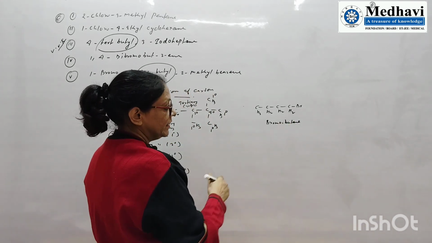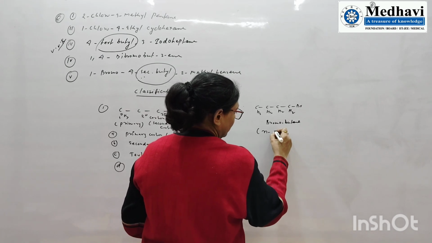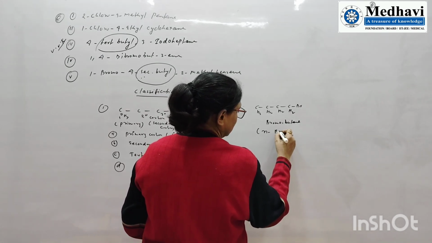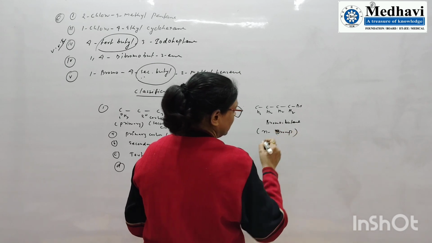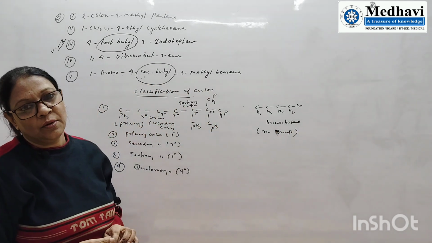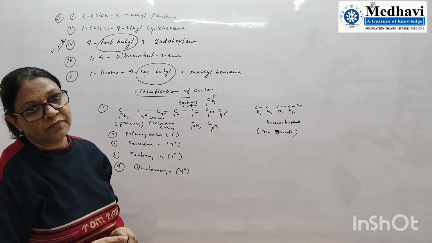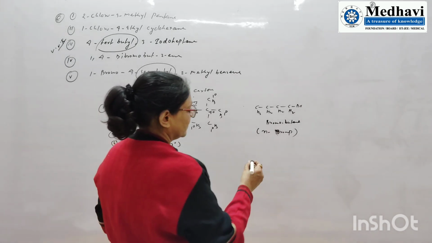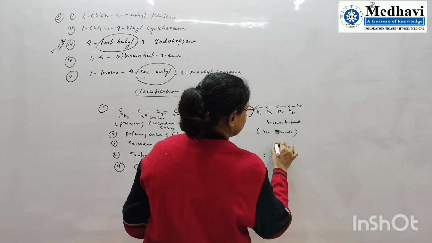But it is also called normal butyl bromide, the normal group. Very, very important. This one has a branching on the second carbon.